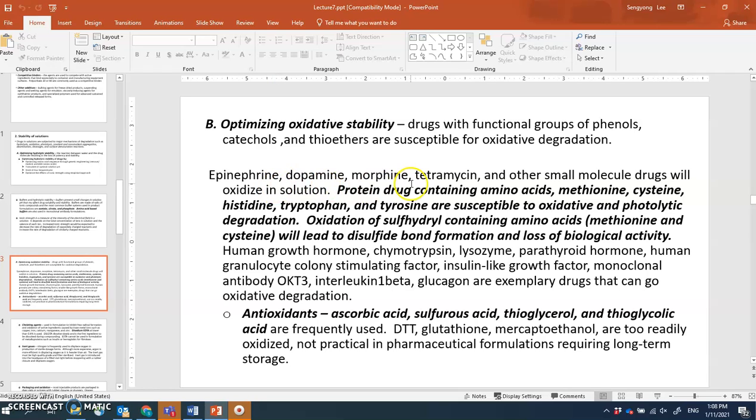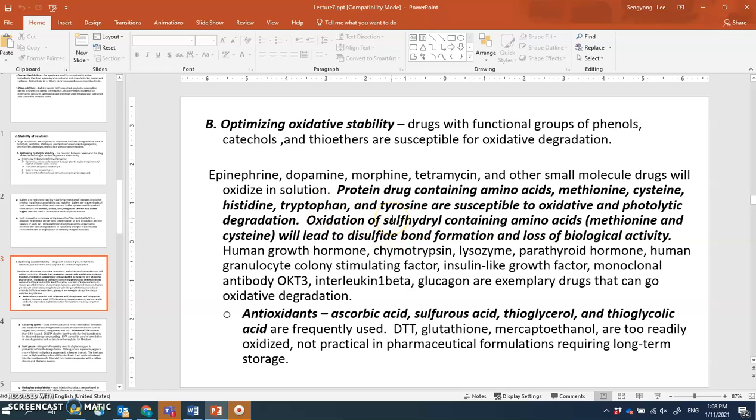And protein drugs that have amino acid sequences of methionine, cysteine, histidine, tryptophan, and tyrosine. These amino acids are readily oxidized, so they are susceptible to oxidative damage and photolytic damage. With strong exposure to strong light, they will also be oxidized. That's what it means.